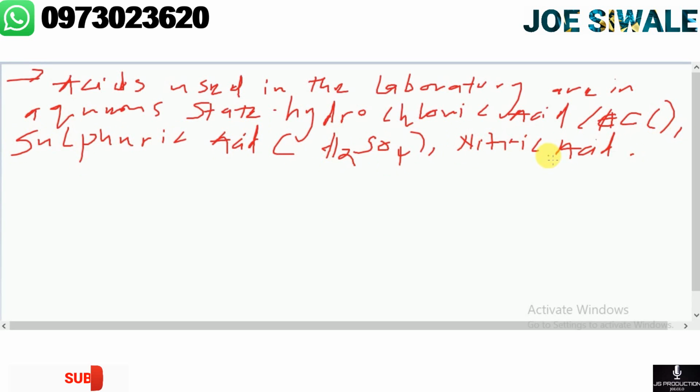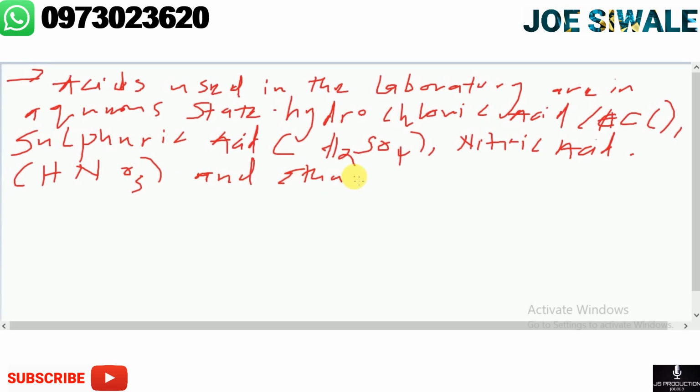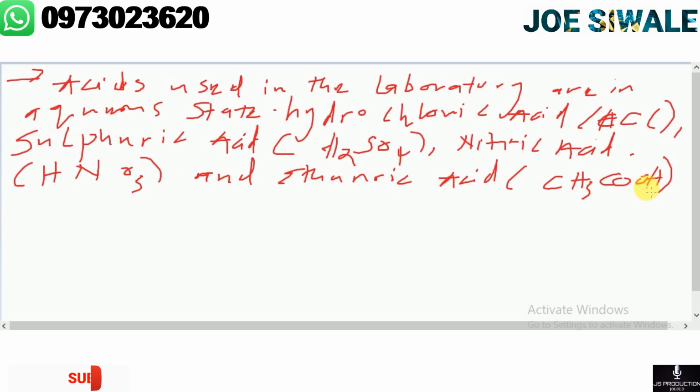We also have nitric acid, which is written in this form, HNO3. Then we also have ethanoic acid, which is written as CH3COOH. So these are some of the acids that we find in the laboratories.